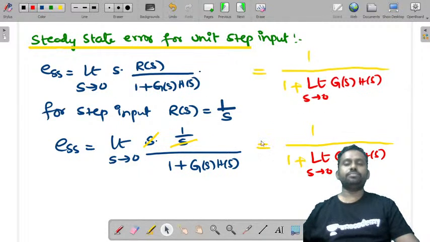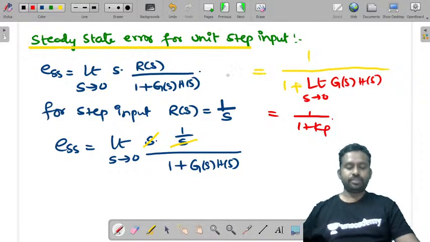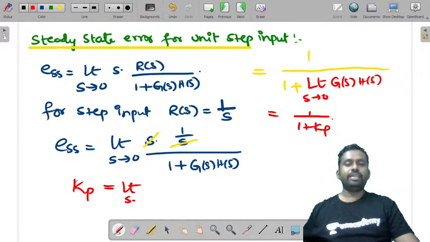This is the expression, and this is given as 1 by 1 plus Kp, where Kp is called the positional error constant, given by limit s tends to 0 of G of s into H of s.